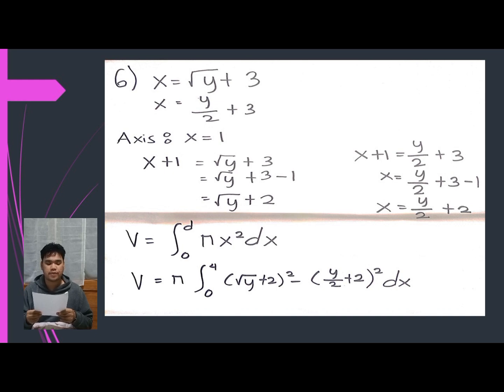So now we're going to use the formula for volume of revolution, which is V = integral of pi times x squared dx. So now we're going to put our two equations. V = integral of pi, open parenthesis, square root of y + 2, close parenthesis, to the power of 2 minus (y over 2 + 2) to the power of 2 dy.